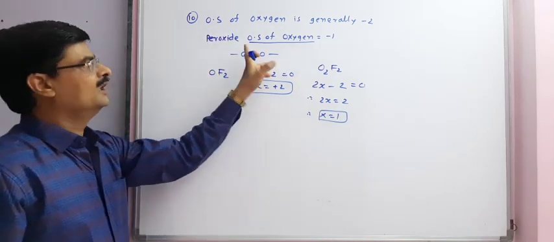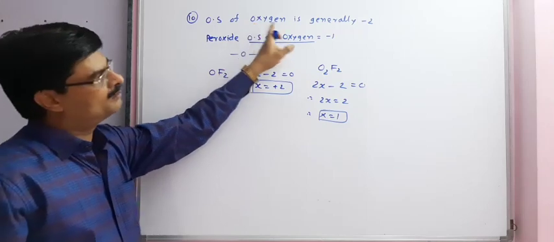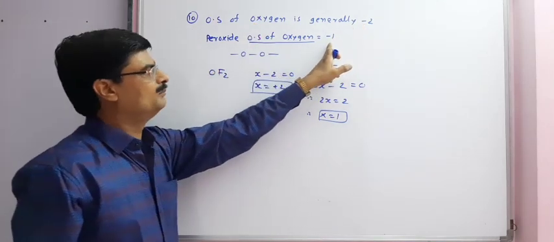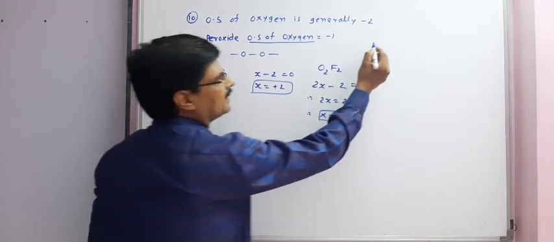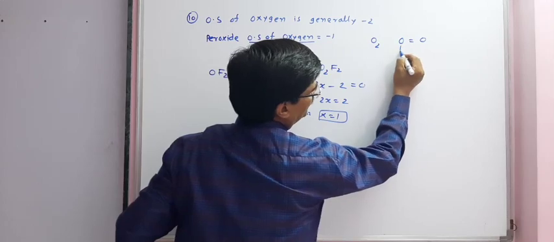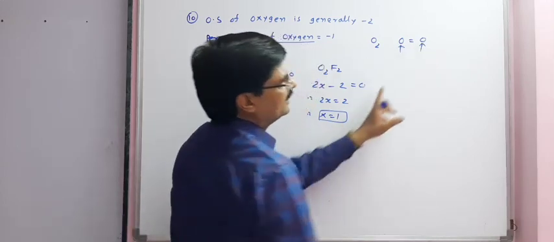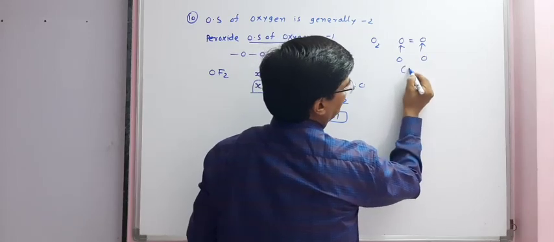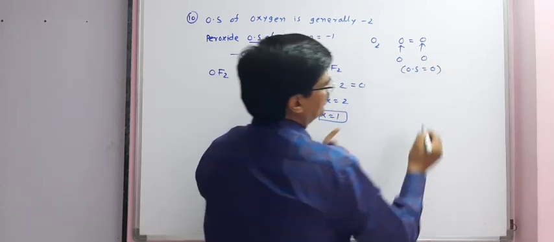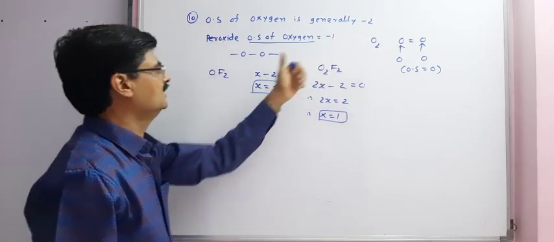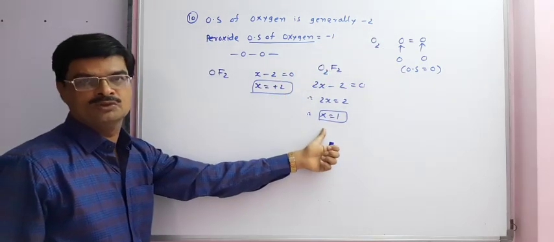We can see the element oxygen has different oxidation states like -2, -1. If it is the case of O2, O double bond O, then because of no difference in electronegativity, both have 0 oxidation state. So 0 also, -2, -1, +2, +1 also.